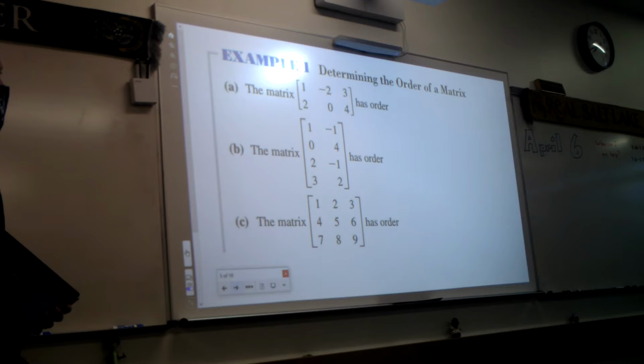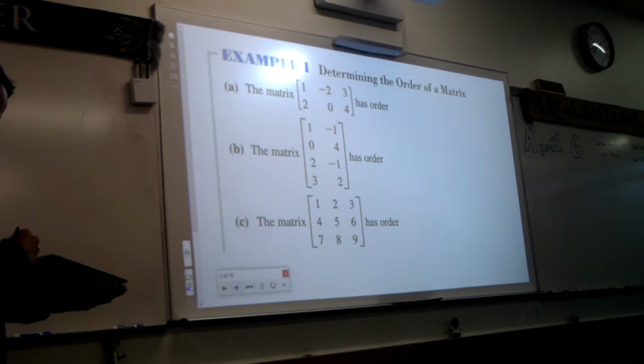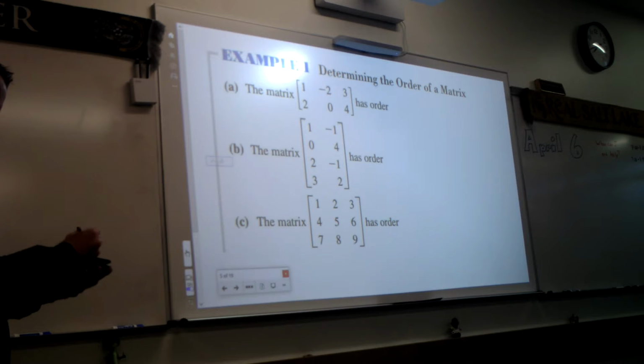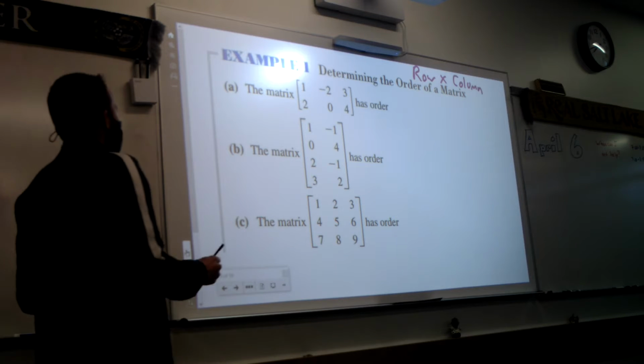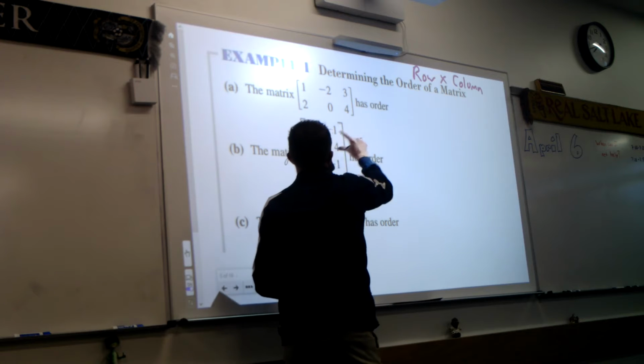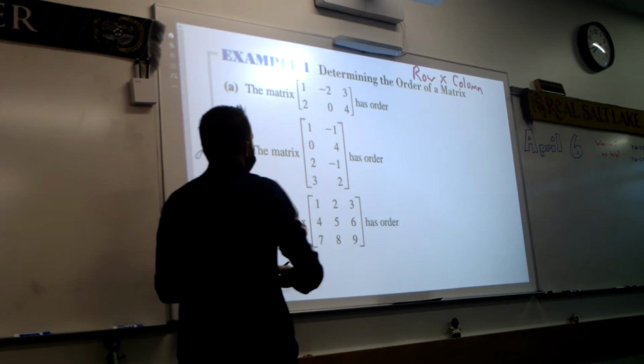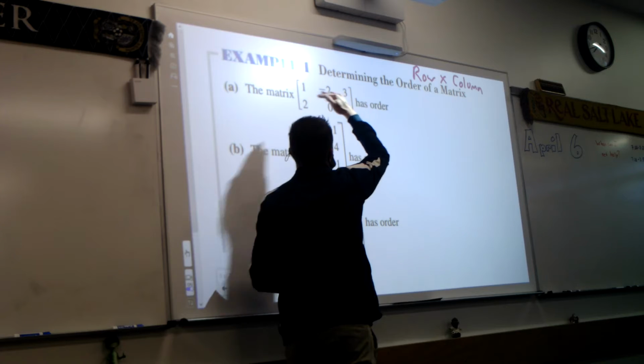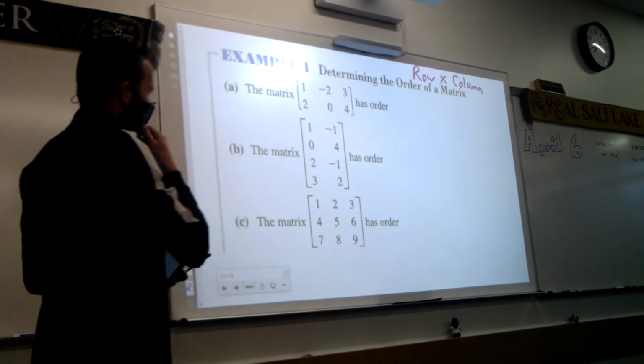So let's start by talking about the order of a matrix. What you always do on this is you're always going to talk about row by column. Now your rows are going to be these ones right here, going like that. Those are your rows, okay? And your columns are going to be going straight down. So rows are horizontal, columns are vertical.